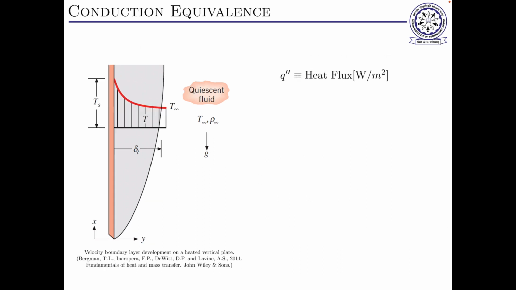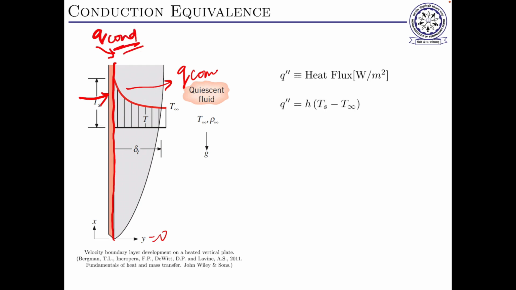And there is an equivalence, because at the surface where y is equal to 0, this red line, there is no bulk motion. So heat is coming here, and at some point convection is happening, but at the surface conduction is happening. So these have to be equated. One way of calculating the convective heat transfer coefficient is by equating these two things.